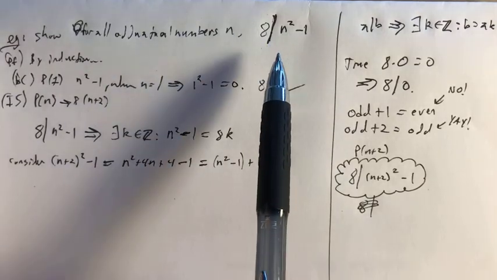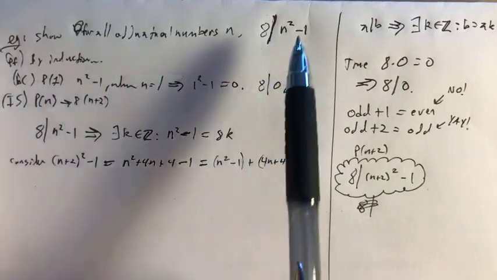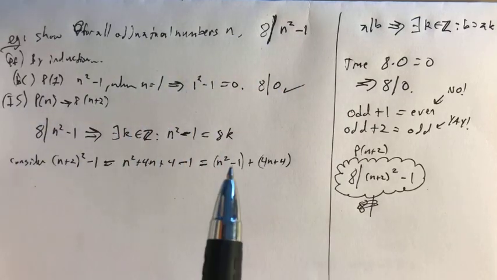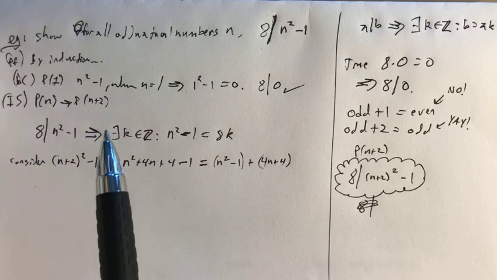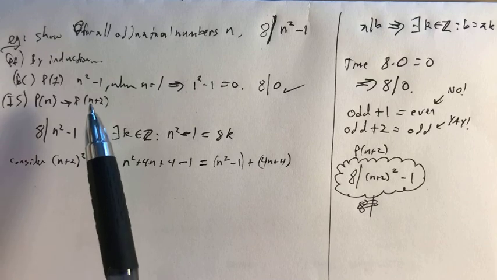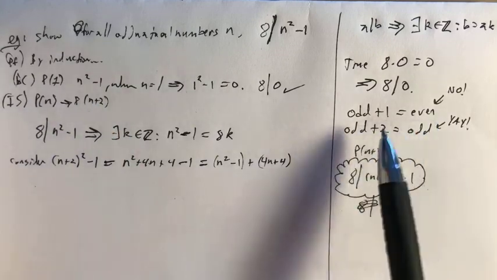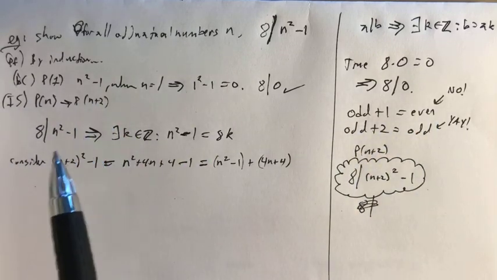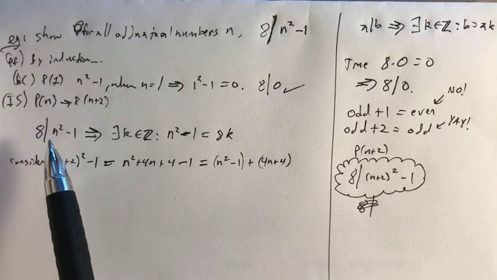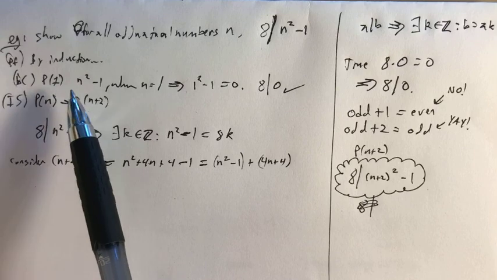I'm doing this by induction, which means I want to look at n small and then show that the nth case implies the next case, whatever the next case is. Here, since we're doing odd numbers, if I look at the odd number n, the next odd number is n plus 2. All right, fine. Now, 8 divides n squared minus 1. I'm assuming this. I guess first I checked it for the first odd number.